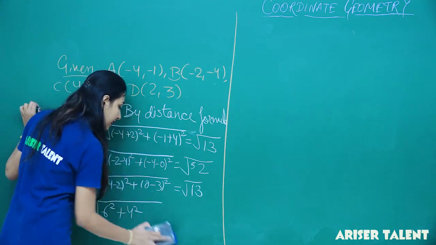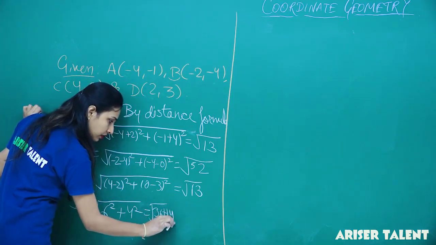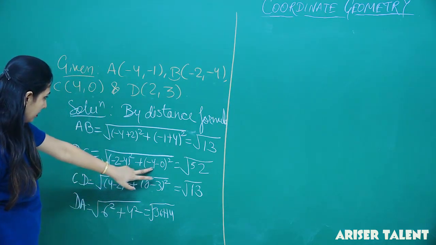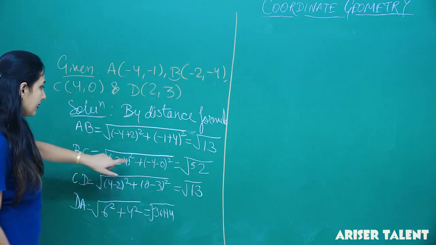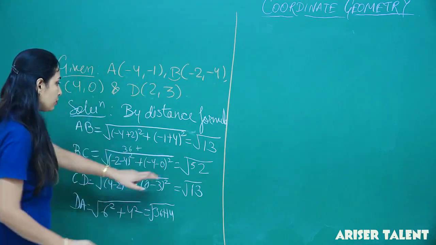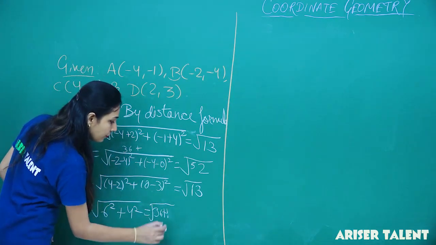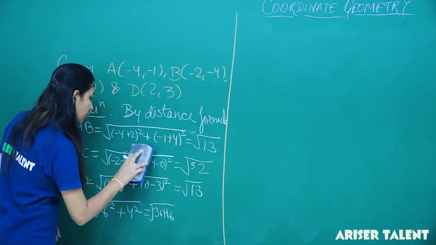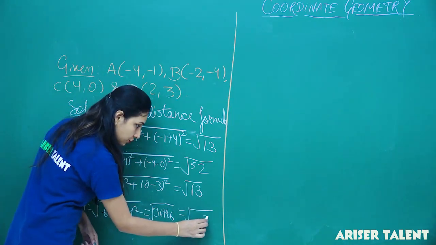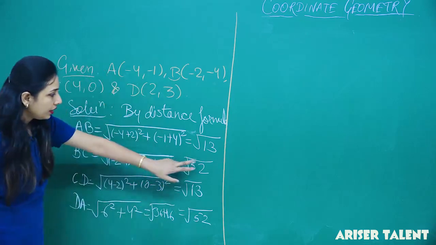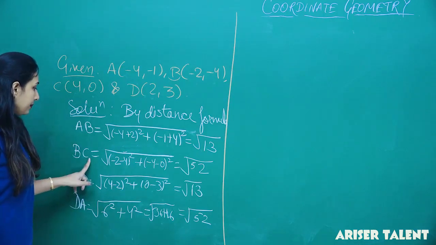So 6 square is 36, and 4 square is 16. We had calculated something wrong earlier. So that is 36 plus 16, which is 52. So root 13, root 13, root 52, root 52. That means AB equals CD and BC equals DA.